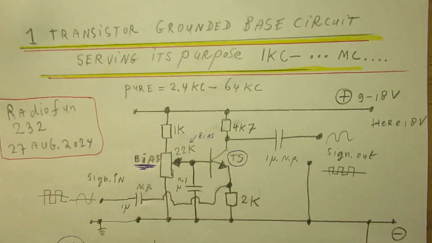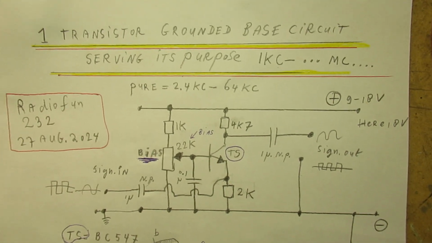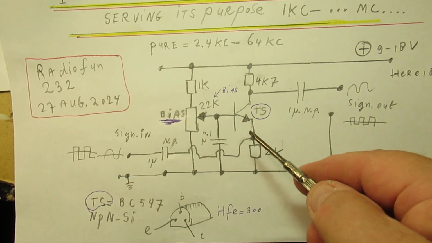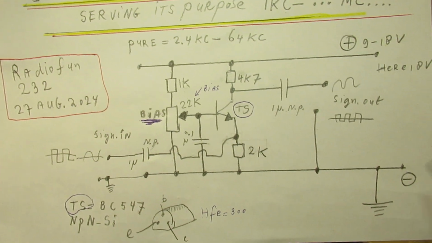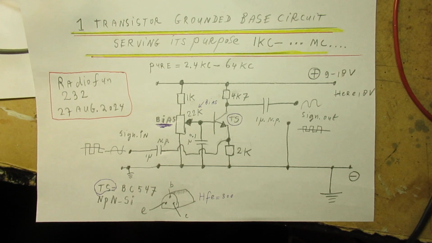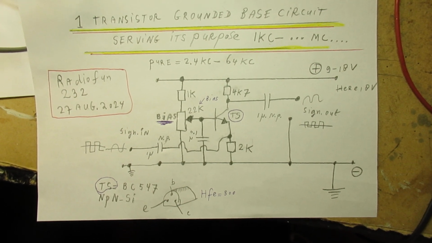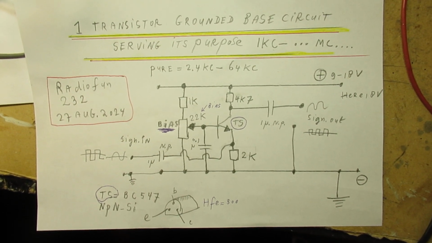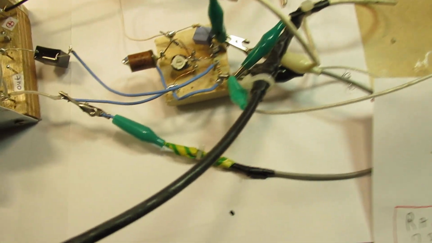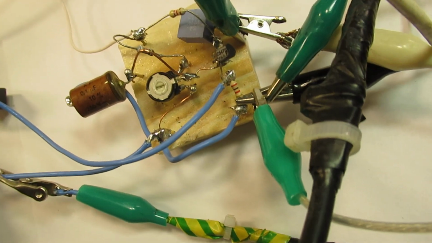And of course there could be circuits where you use a PNP transistor and the ground is not minus but positive. Anyway, so that are my experiences.